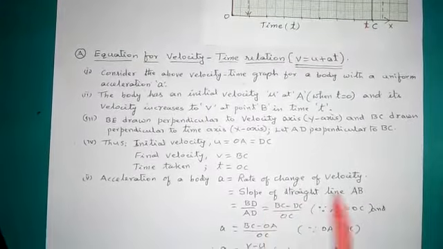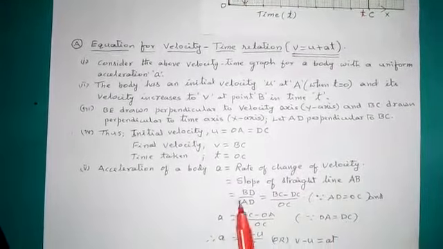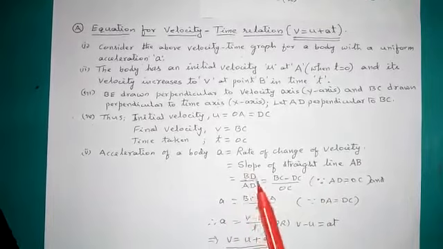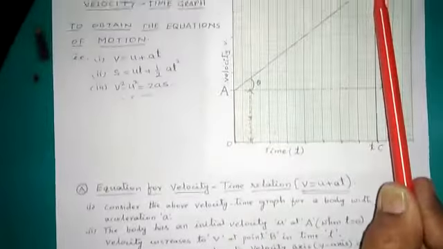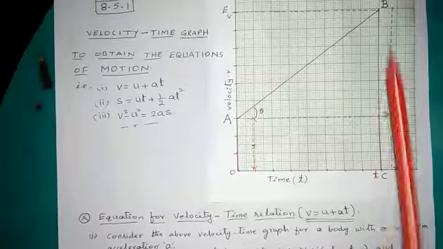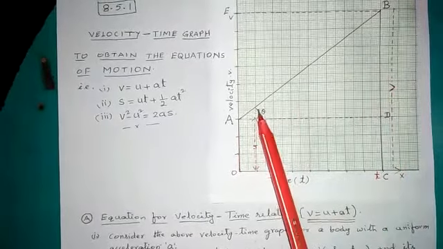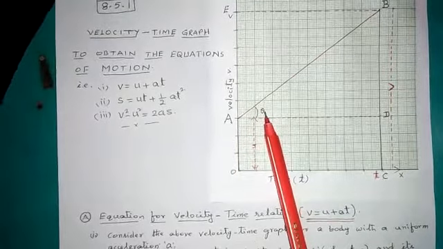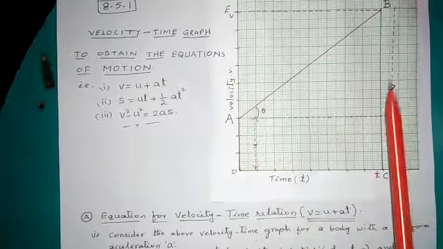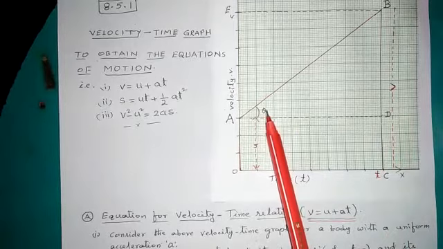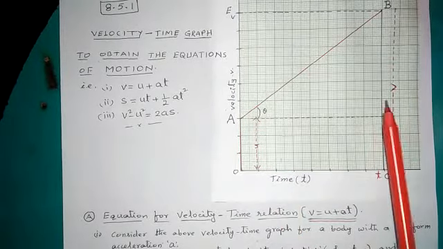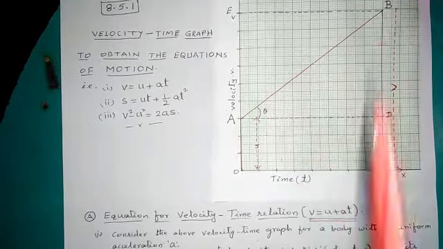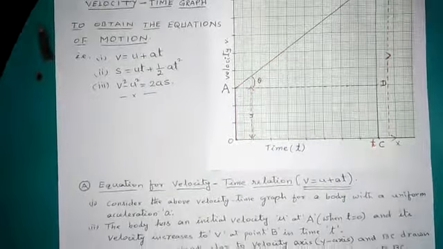This is a right triangle. Let it be taken at a certain angle theta, then the opposite side to that angle divided by the adjacent side is taken as the slope of this line AB.